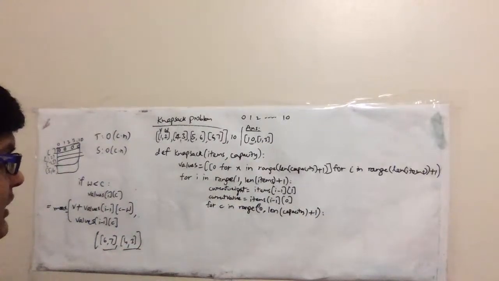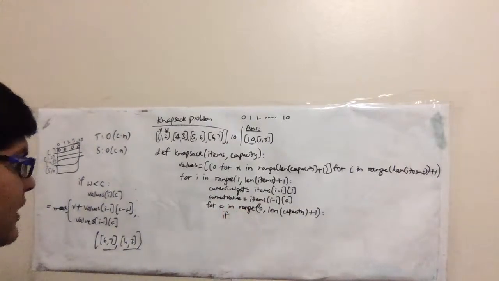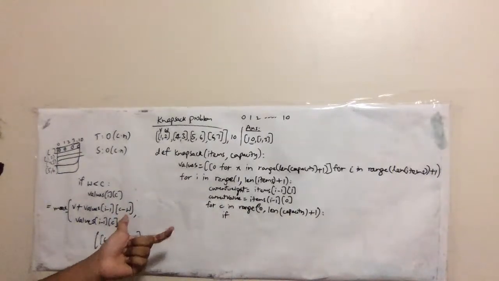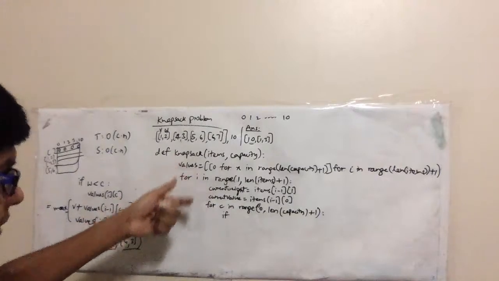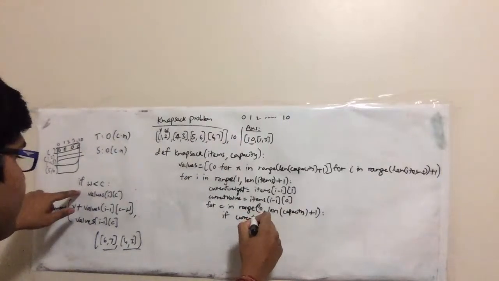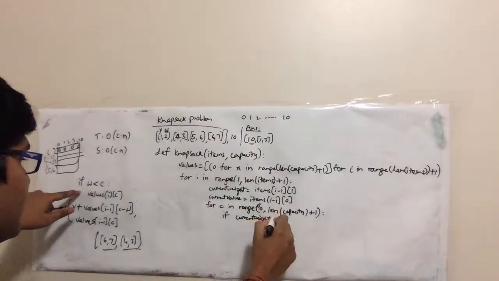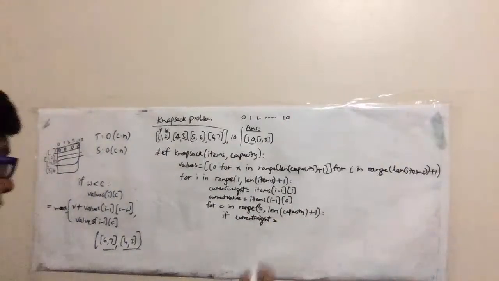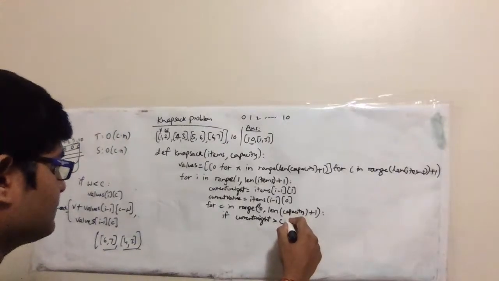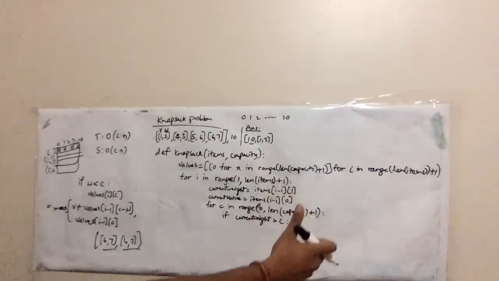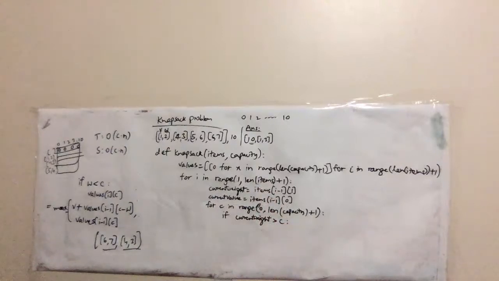Okay, so we need to check, if the given current weight is greater than the capacity, given current weight, if it is greater than the capacity, we can keep the item in the bag.